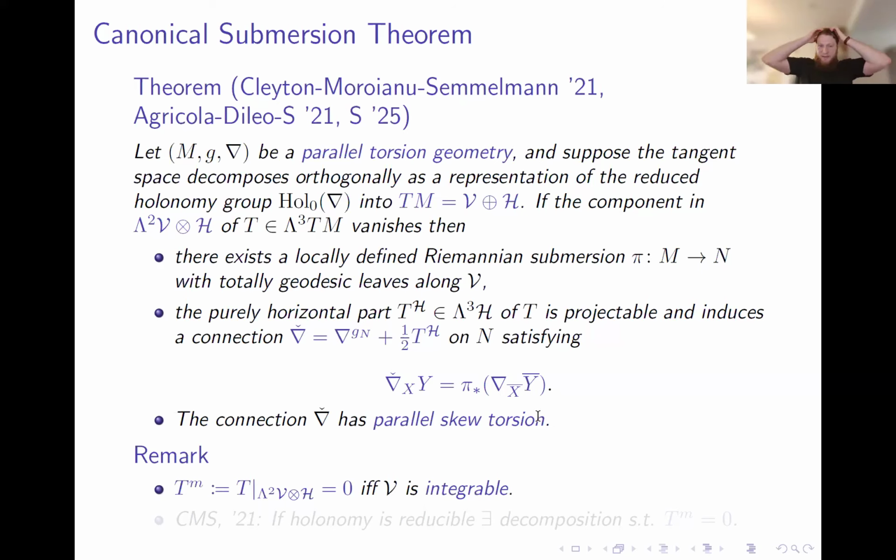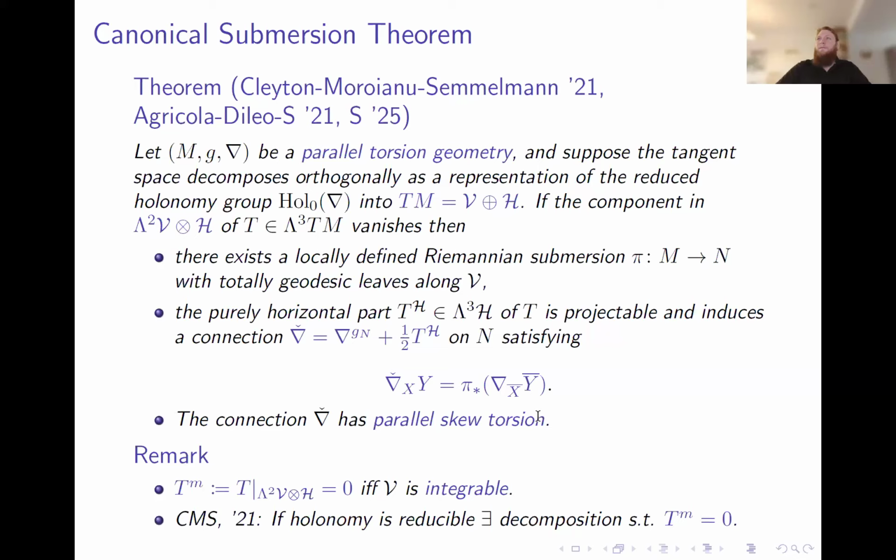Two remarks. I suppose that this part of the torsion, the twice vertical, once horizontal part, vanishes. That is actually equivalent to saying that the vertical distribution is integrable, which is, of course, crucial for having a submersion.